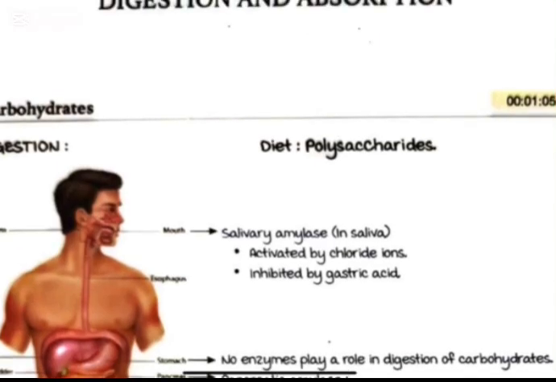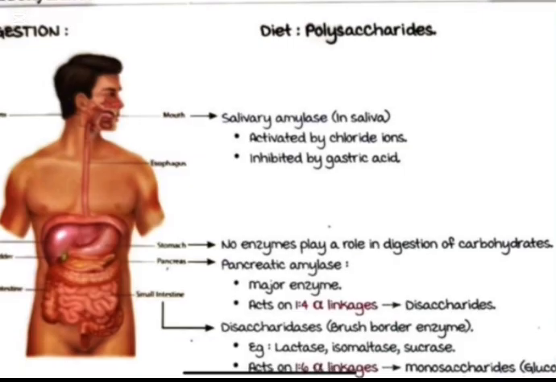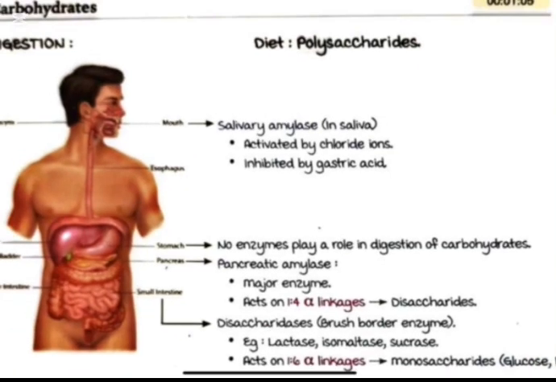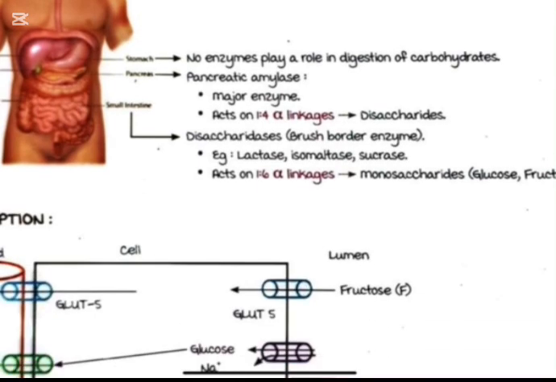Moving next to digestion and absorption. First is carbohydrates. In the diet they present as polysaccharides. Starting from the mouth, there is salivary amylase in saliva, which is activated by chloride ions and inhibited by gastric acid. In the stomach, no enzymes play a role in the digestion of carbohydrates.